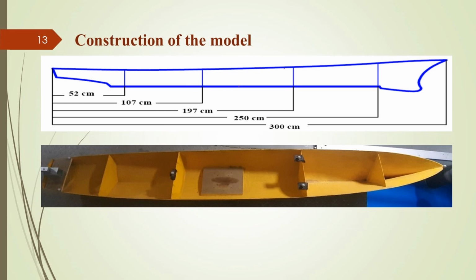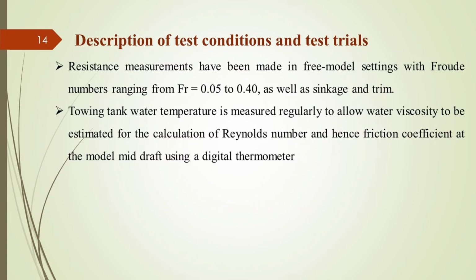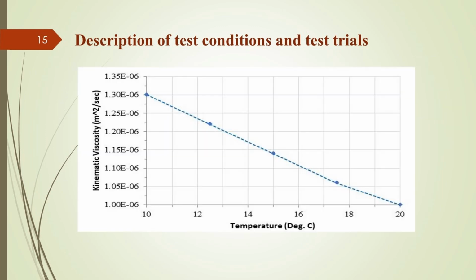We can see the model here, slide 13, and this is the bulb here. Resistance measurements are made from Froude number 0.05 to 0.4, as well as sinkage and trim. Here we can see the curve for temperature and the dynamic viscosity.